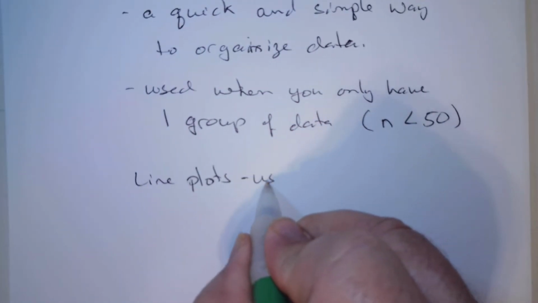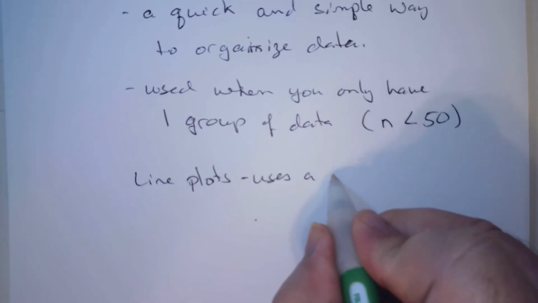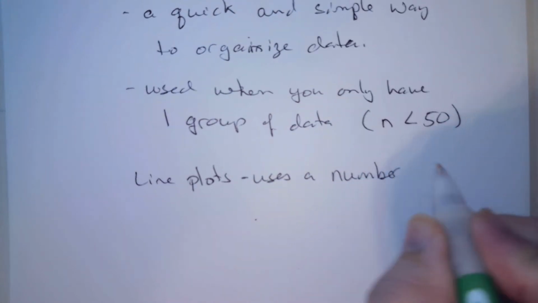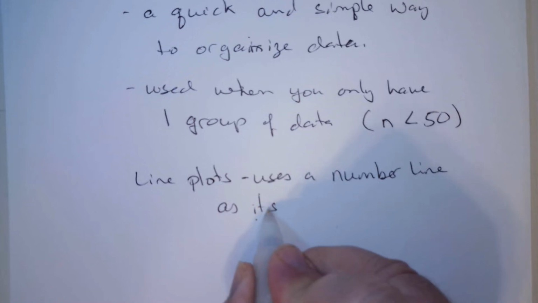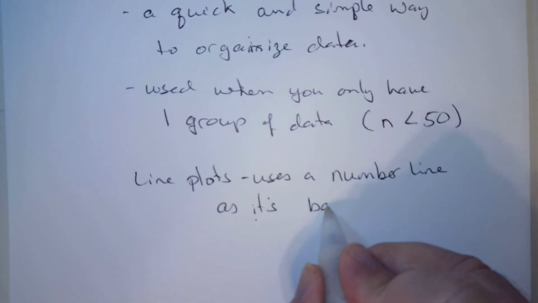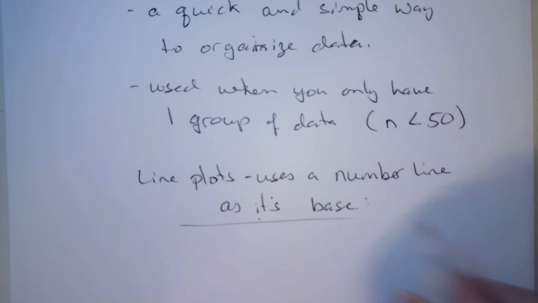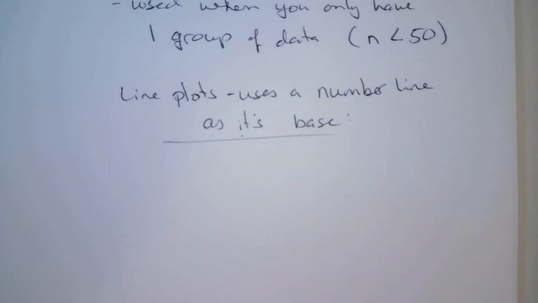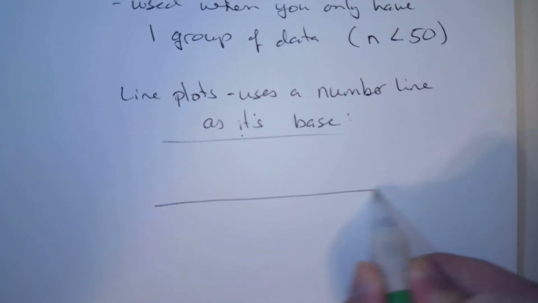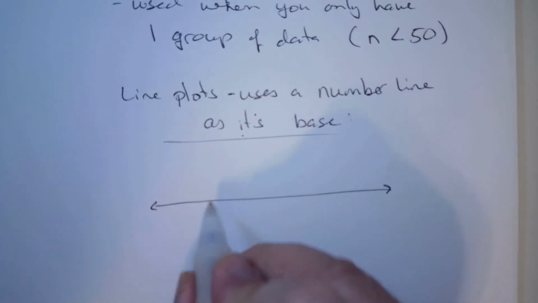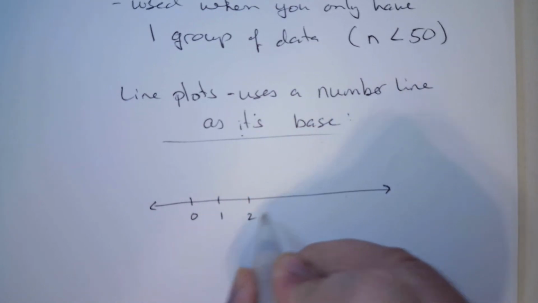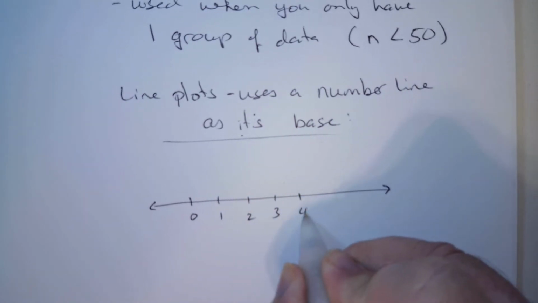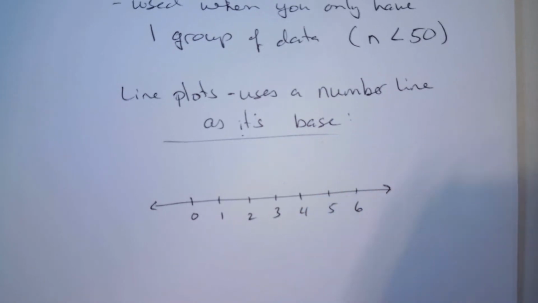A line plot uses a number line as its base. So here we have a number line. 1, 2, 3, 4, 5, 6.